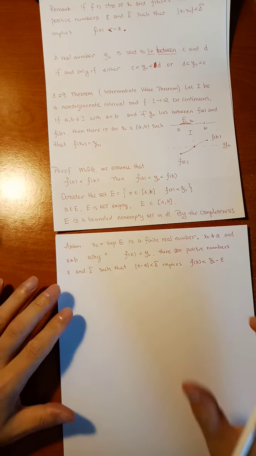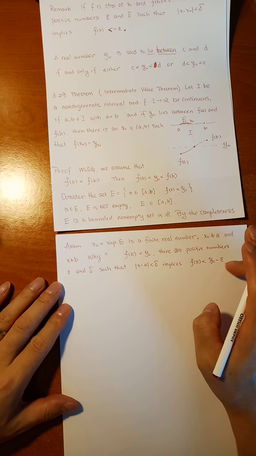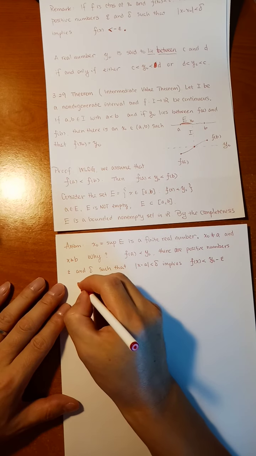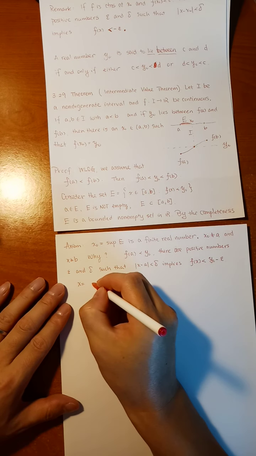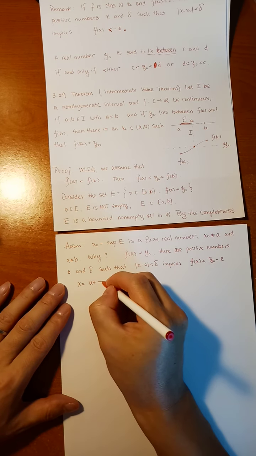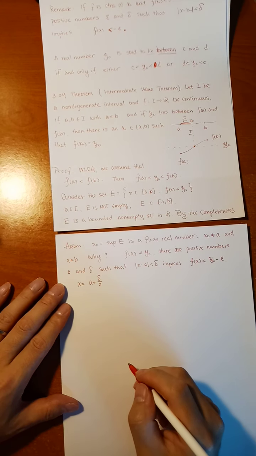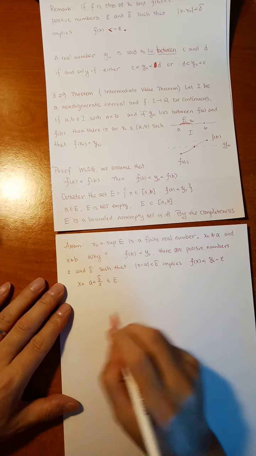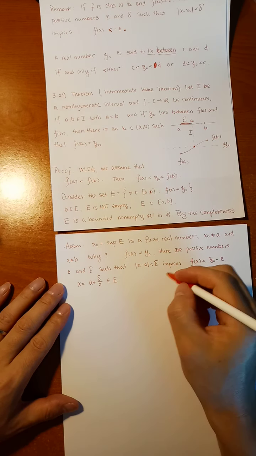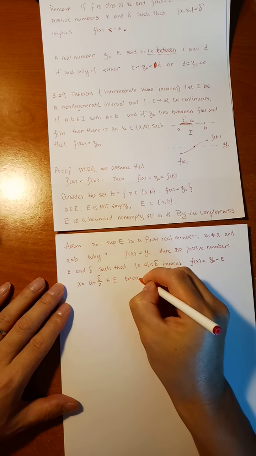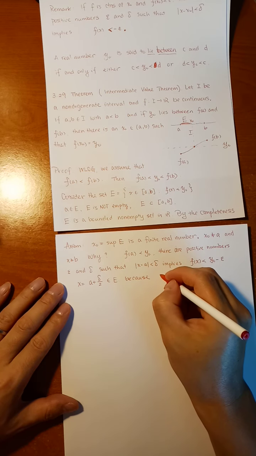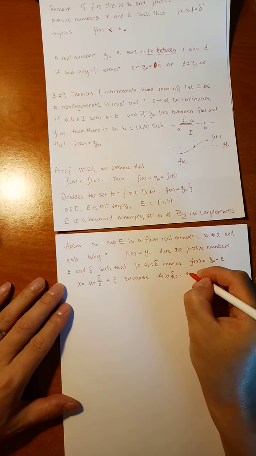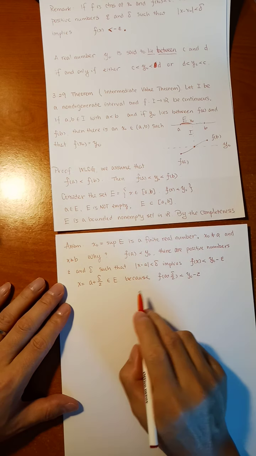Right? So by this property, we can see that the point x equal to a plus delta over 2 still belongs to E. From here you can get this because f(a plus delta over 2) is less than y0 minus epsilon.